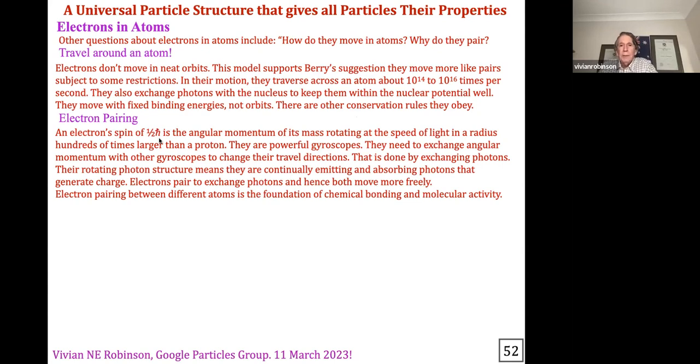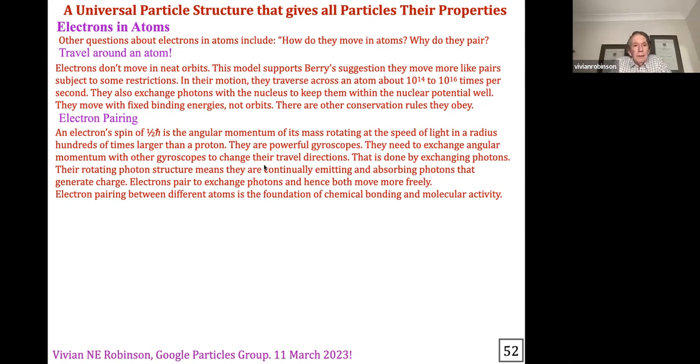They're a powerful gyroscope, and just like any other gyroscope, they need to exchange angular momentum with something. And that is done by exchanging photons, and their rotating photon structure means they're continually emitting and absorbing photons that generate electric charge.